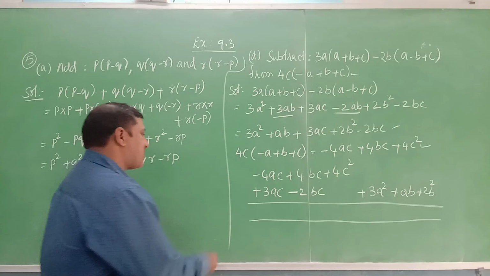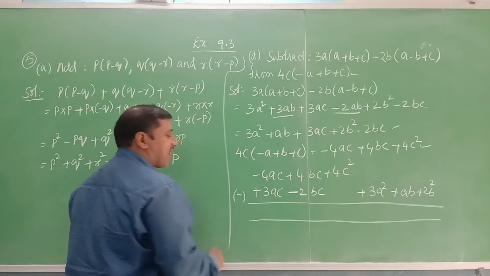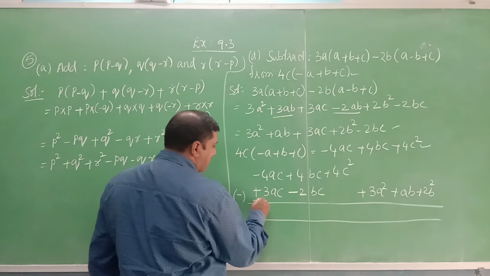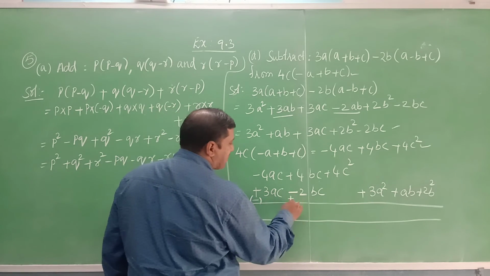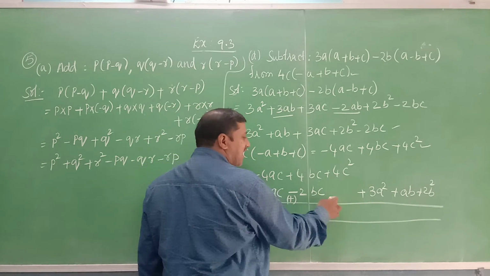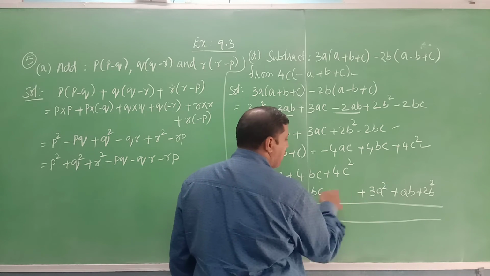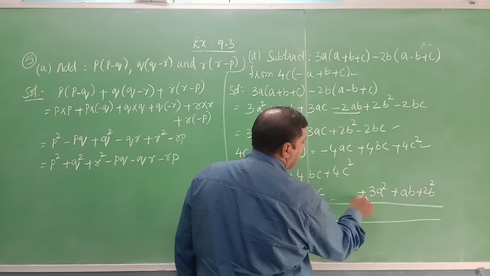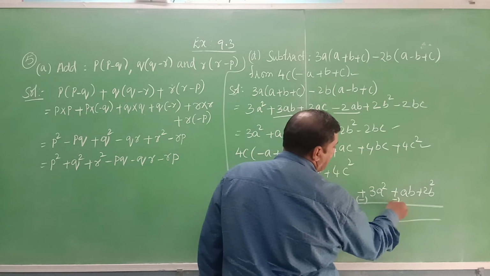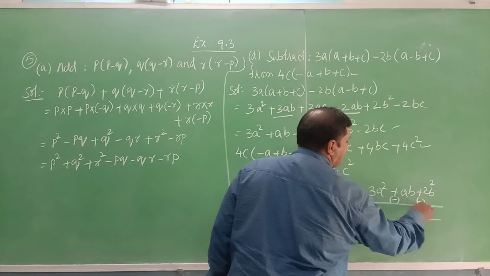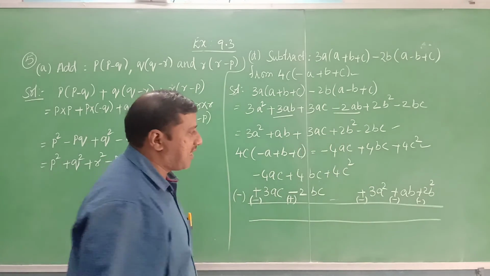Now we are subtracting. Under subtraction, what will happen? The sign changes. Here plus becomes minus, minus means plus, and where there is no term it is 0, so we can keep minus or plus, anything. Plus becomes minus, and the last plus also becomes minus. Now start doing the subtraction.